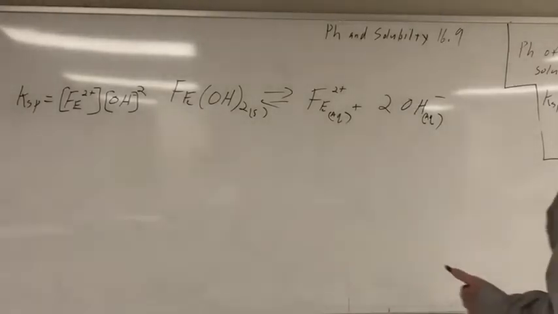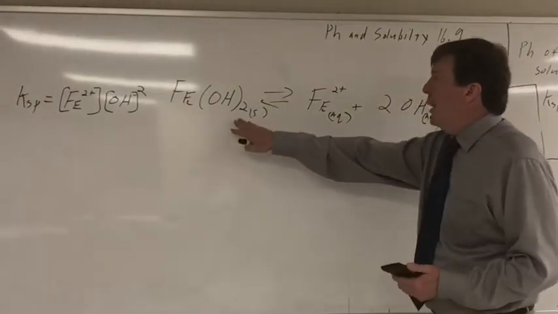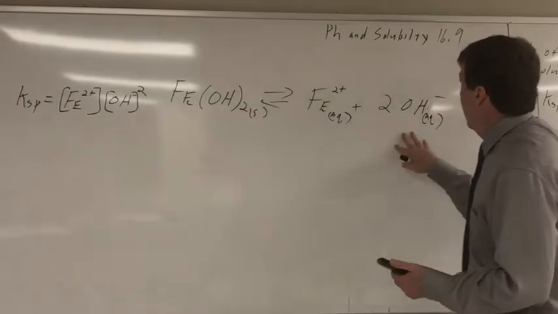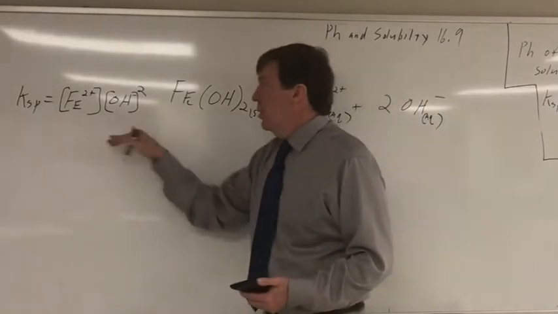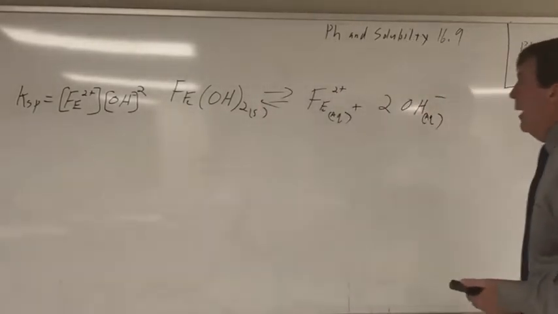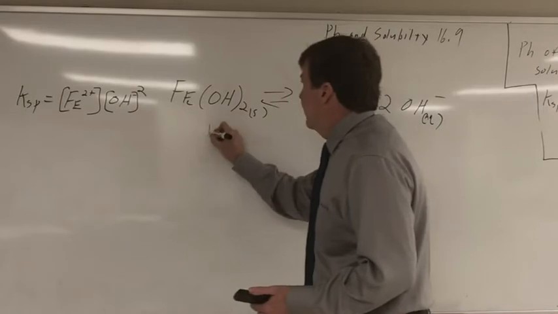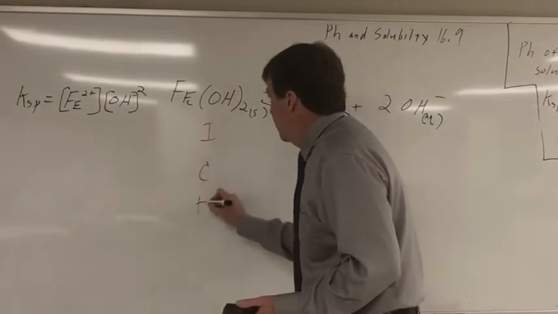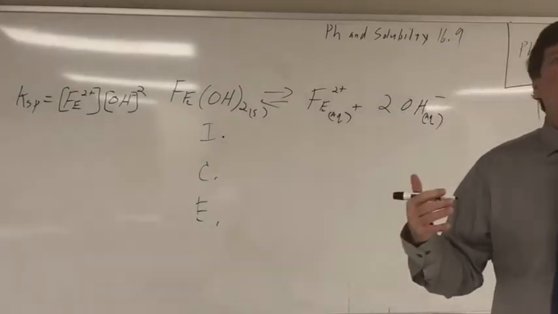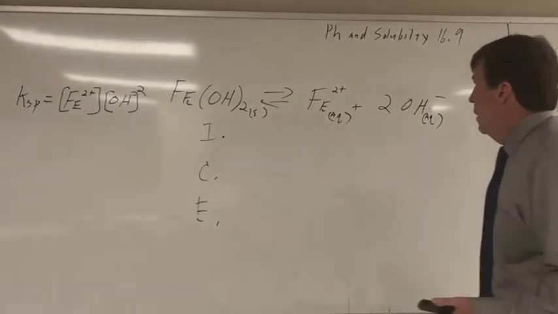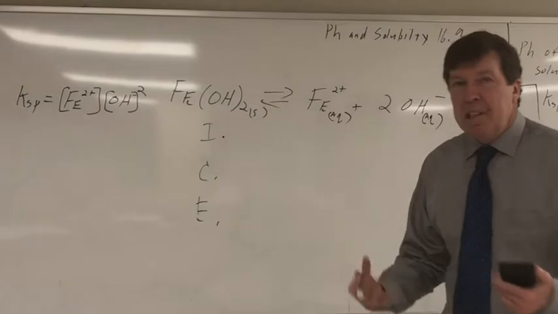All right, so here's the equilibrium situation with our iron 2 hydroxide. Notice the KSP expression here. Of course, never hurts to stay systematic, so we'll just go through the ICE method. Again, if this is redundant, I want it to be.